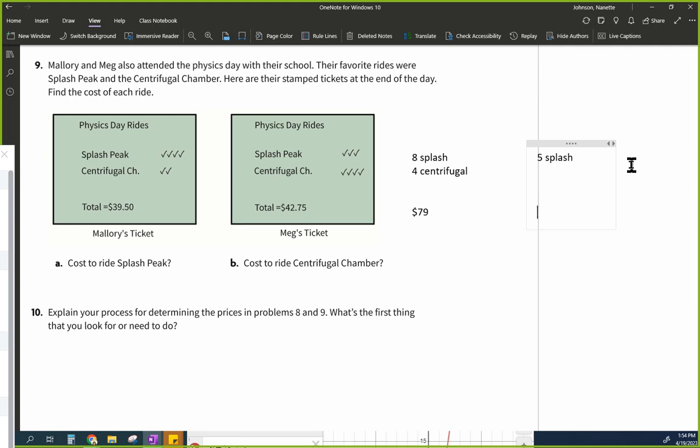And then I would have 79 minus 42.75, which would be 36.25. So that means 5 splash peaks will cost $36.25. From there, could you figure out how much one splash is? And you're like, oh, yes, I can. So this is where I want you to continue later on. All right. And we'll check back with you guys to make sure that you understand that answer.